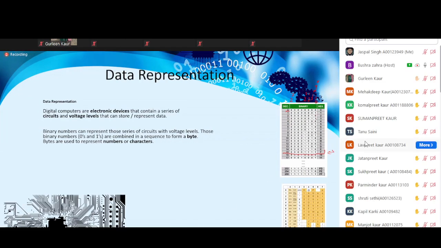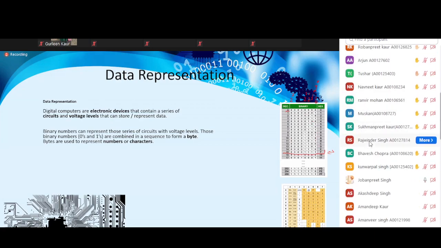And look at this first weight position. This is 2 raised to the power 0, 2 raised to the power 1, 2 raised to the power 2, 2 raised to the power 3, and this is the last one. Here it changes like 0, 1, 0, 1, 0, 1, 0, 1, right?